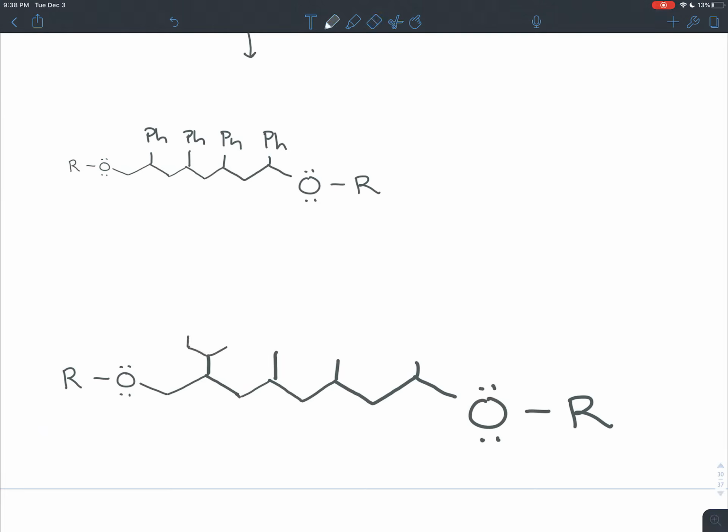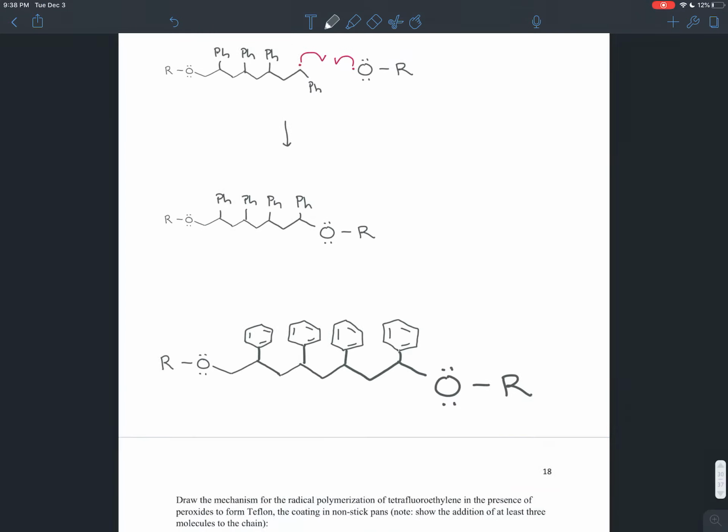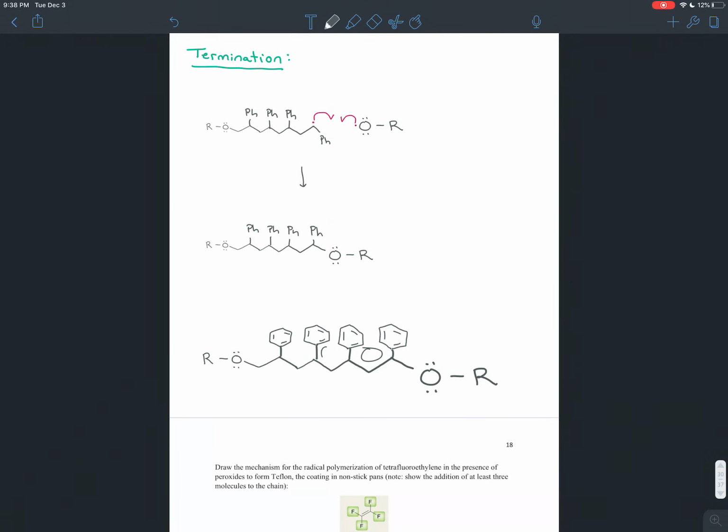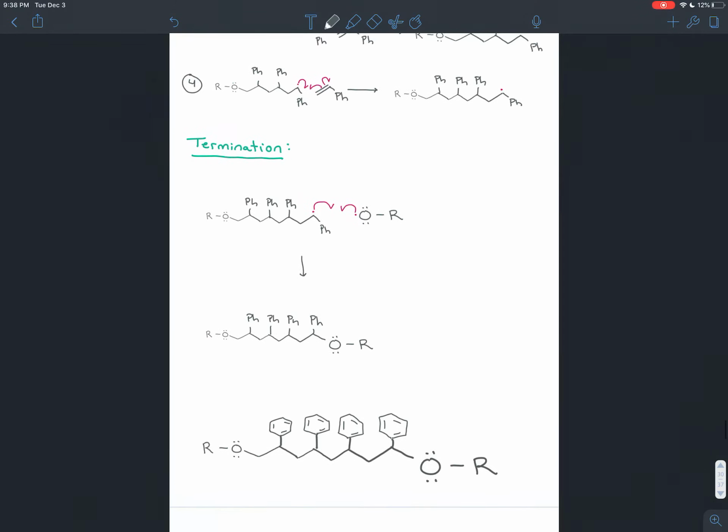so if I draw in benzene rings here, what you'll notice is that these rings take up a lot of space. And so they're going to be sort of more fluffy. They're going to repel each other more. There's going to be more empty space in between this molecule.